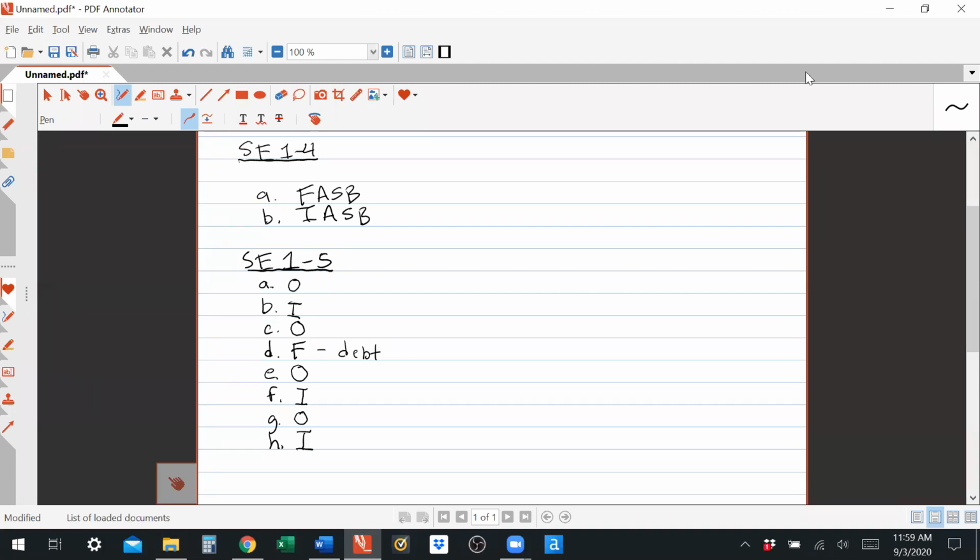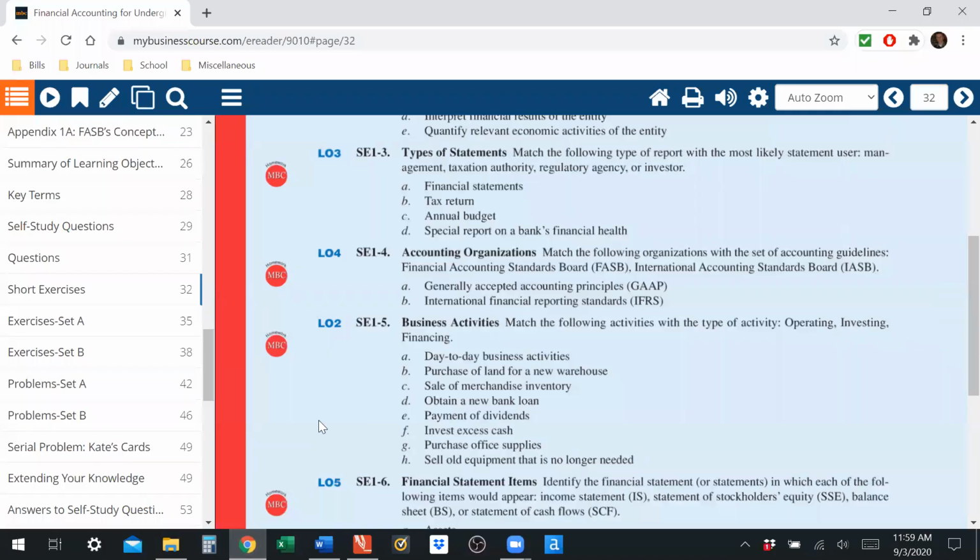Can you explain G a little more? Lauren asks. Sure, let's go back to G. When you purchase office supplies, you figure it out by process of elimination. Are we buying or selling a long-term asset? No. Office supplies are a short-term asset. They're just used in our office, and our office exists because we have to have someone manage our operations.